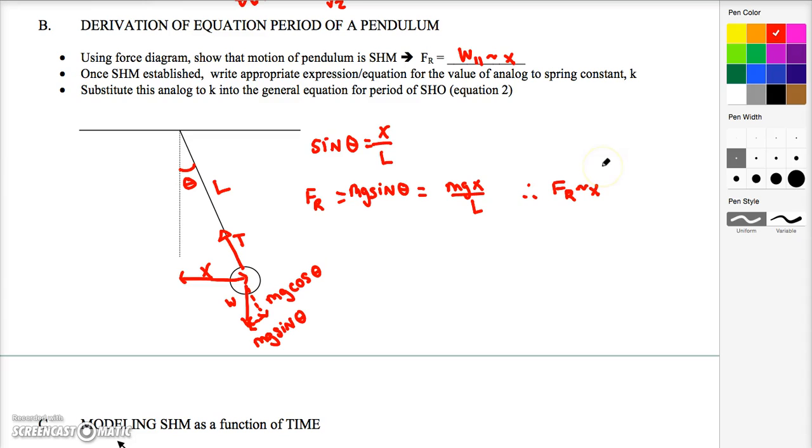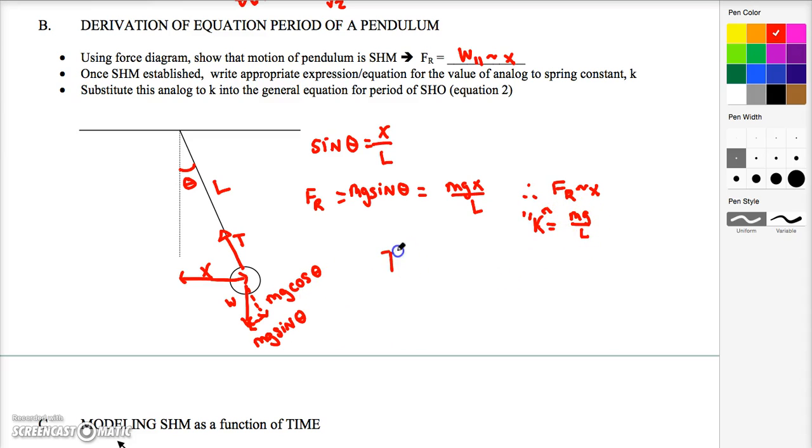So what we end up getting is a simple harmonic oscillator, and the analog for k in this case is mg over L. I'll put that in quotations, that k is mg over L.